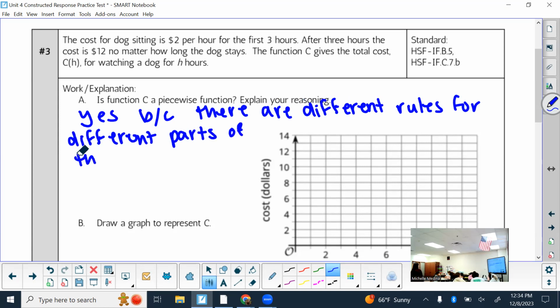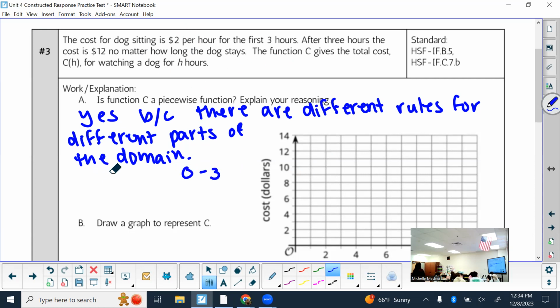And then you could even replace domain with a synonym like x's, input, hours, because there are different rules. For the first 3 hours, what are they charging me? $2 per hour.